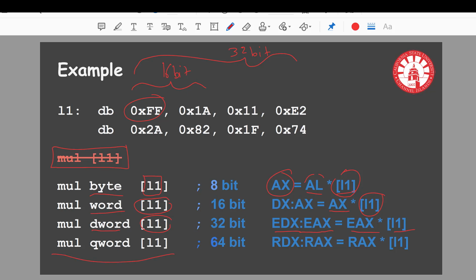You can follow the same thing for this, but remember, when you work with memory, you need to know the bit length in memory you are going to multiply with your A register. And for that, you need to use this keyword before you dereference the memory location L1.